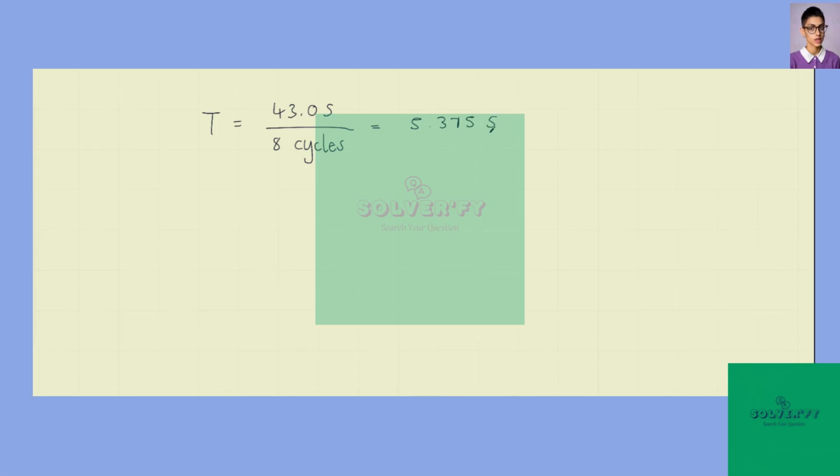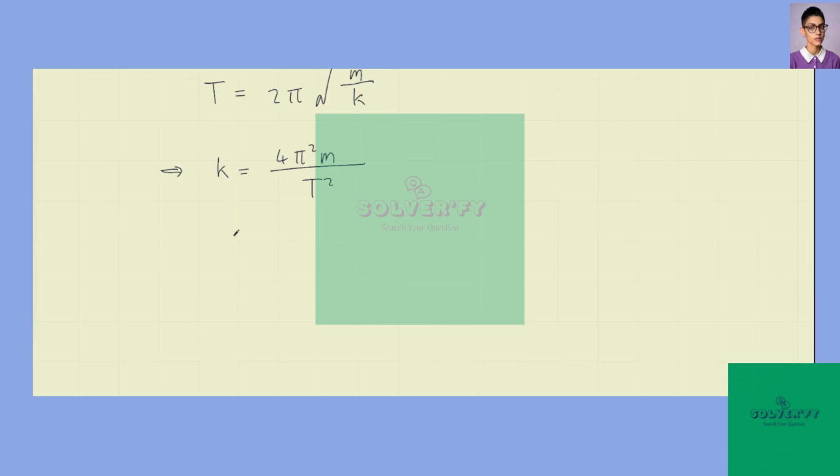Now, the spring constant can be found from the period and the jumper's mass, since we know that the period T is equal to 2 pi times the square root of m over k, which means that the effective spring constant of the bungee cord, k, is equal to 4 pi squared times the mass of the bungee jumper, m, divided by the square of the period, T squared.